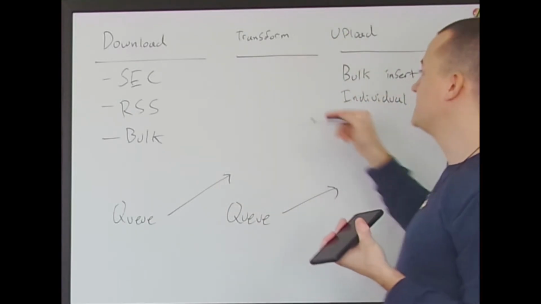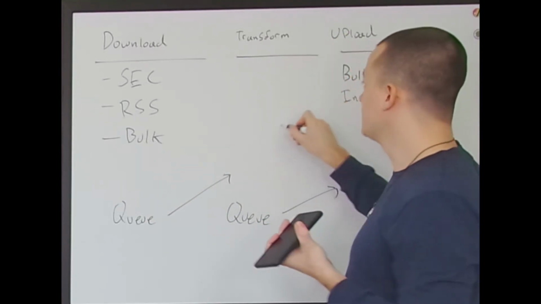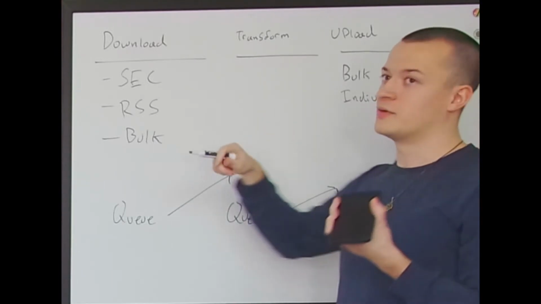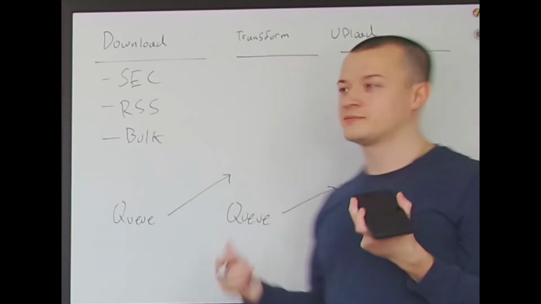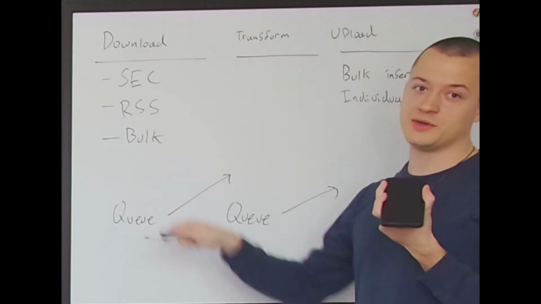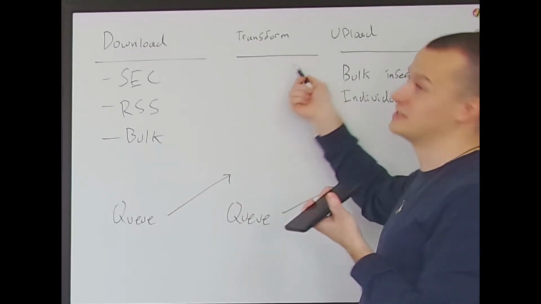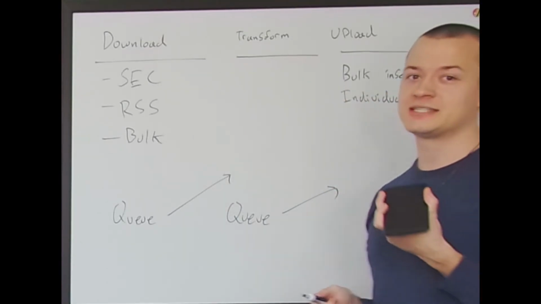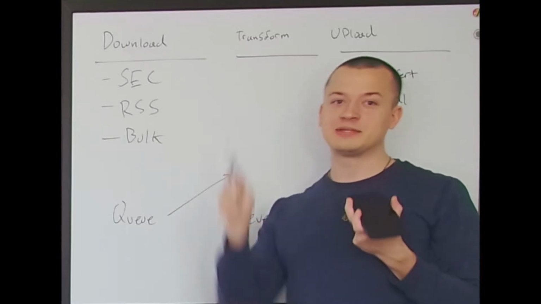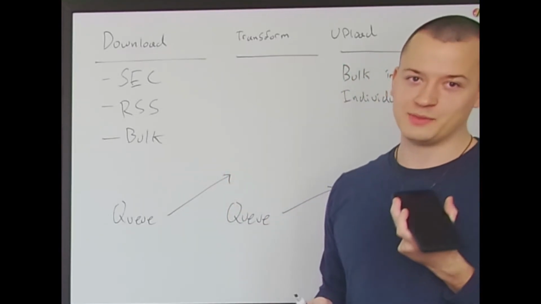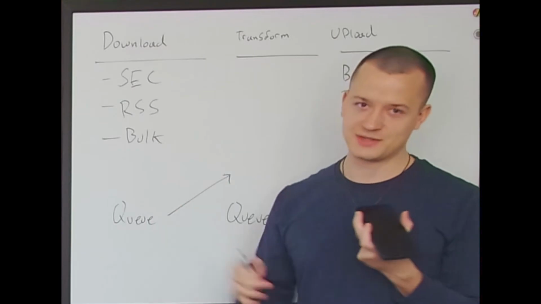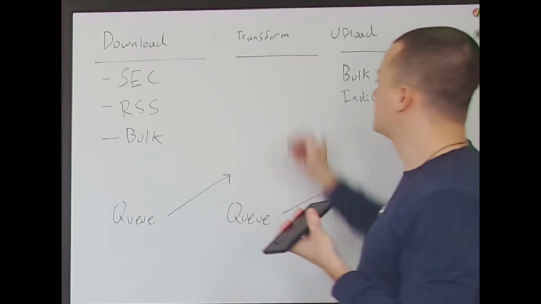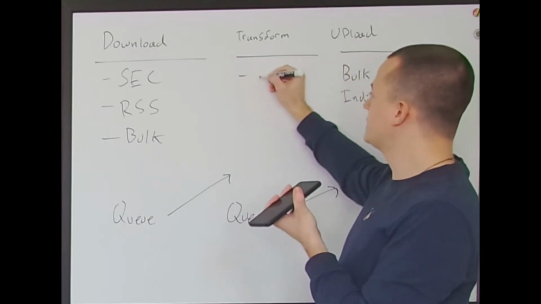So in each of these stages, both transform and upload, I can actually break up the queue, whatever's in the queue, into multiple instances of this transform and upload stage so that they can be processed at the same time by all of the available threads / processor cores on your computer. Yeah, so this has multiprocessing baked in as well.